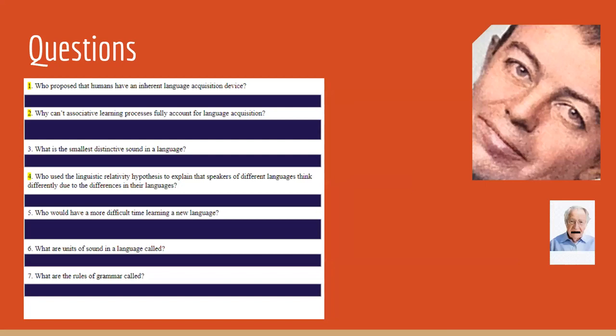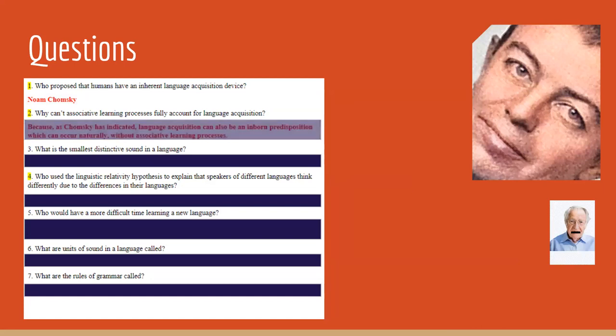Okay, who proposed that humans have an inherent language acquisition device? That would be Noam Chomsky. He said that every single person, regardless of language, has the same inherent or just kind of automatic language acquisition device. So why can't associative learning processes fully account for language acquisition?